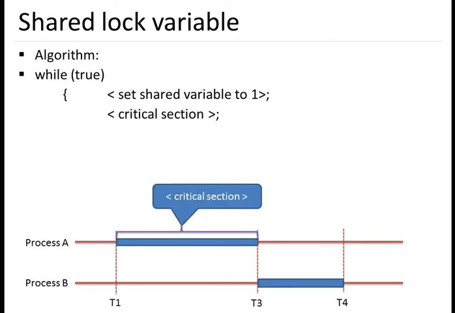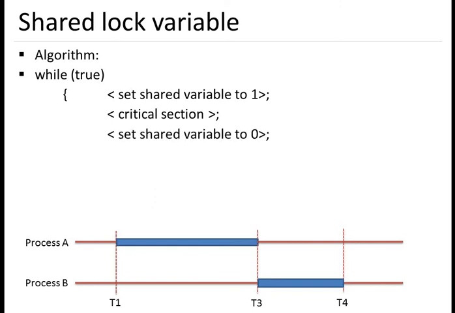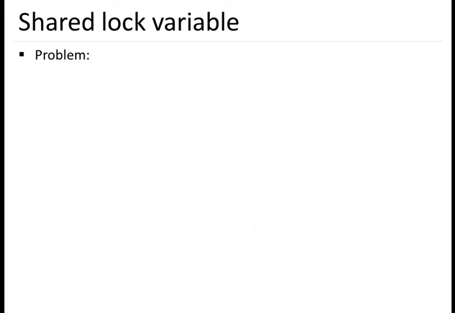Right now it is in the critical section, and once it has completed its work, it sets the shared variable to 0, and after that comes the remainder section. Just like that, any process can enter the critical section by checking the value.